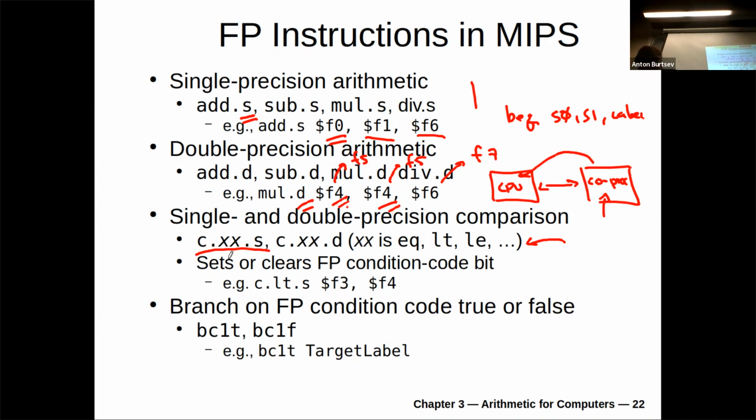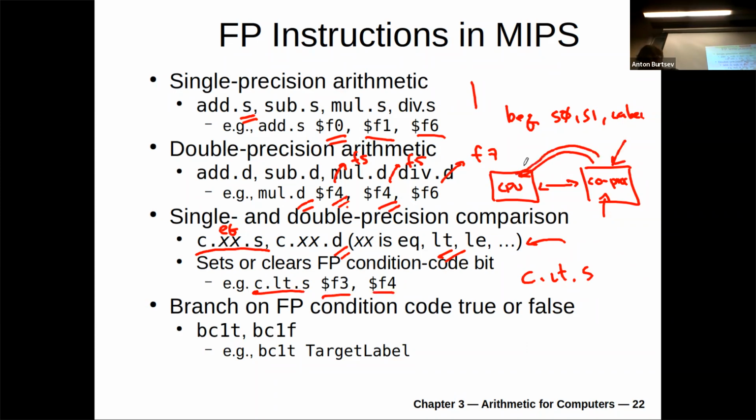It's a comparison where, instead of this XX, you can put equal, greater, and stuff like that. And you can compare single or double precision values. So for example, C less than and single precision takes two arguments like here, and this will be done by the coprocessor.